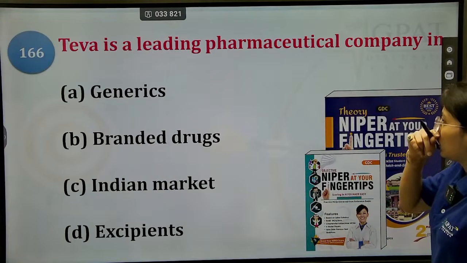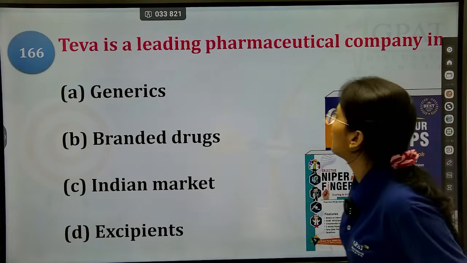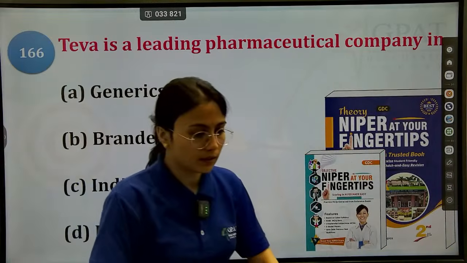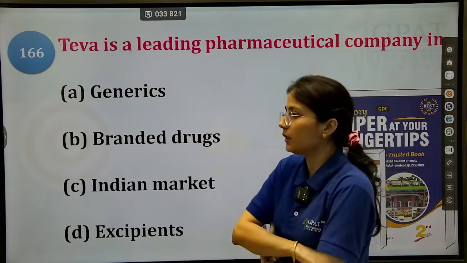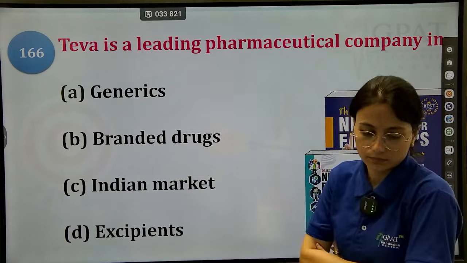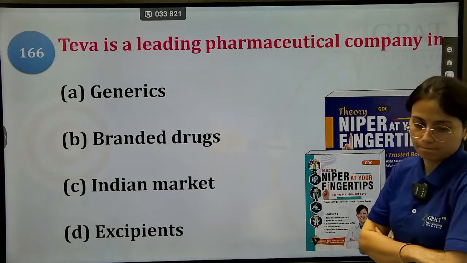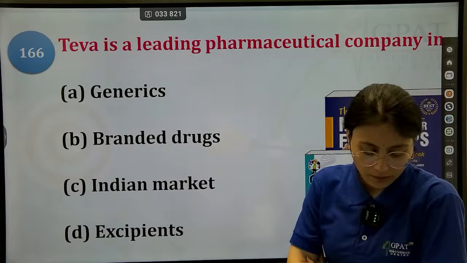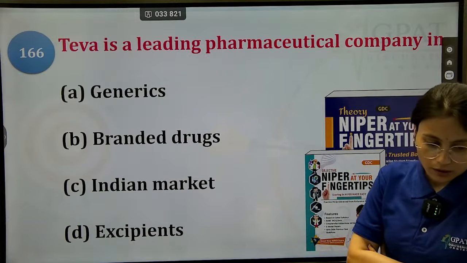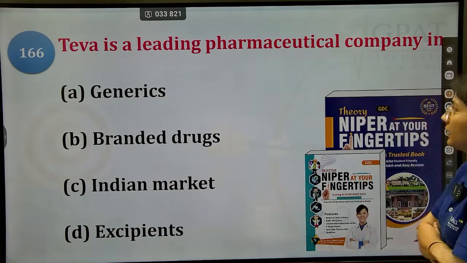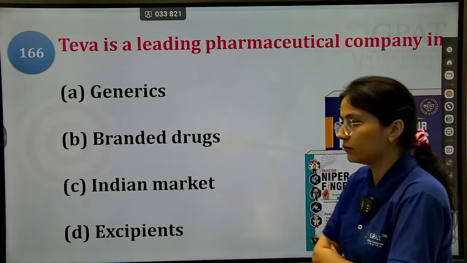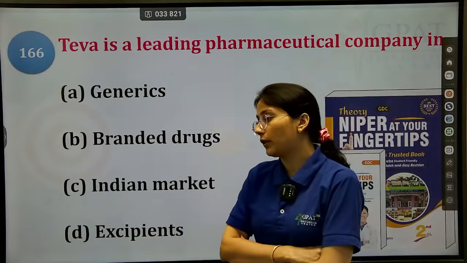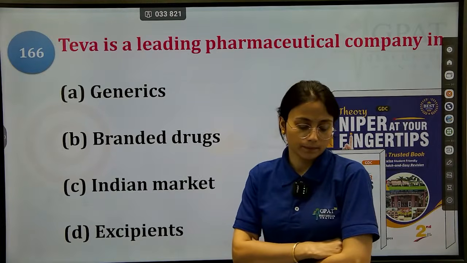Okay, now Teva is leading pharmaceutical company in generics, branded drugs, Indian market. Yes, Vasundhara, reserve ratio, very good. Now Teva is leading pharmaceutical company in generics, branded drugs, Indian market or excipients.